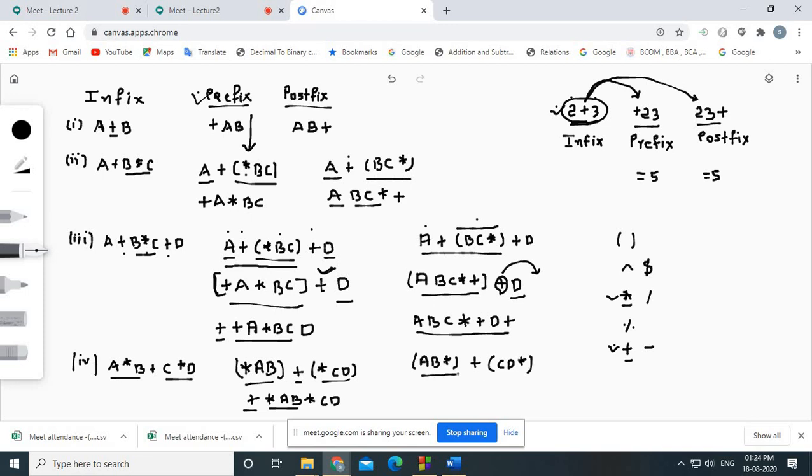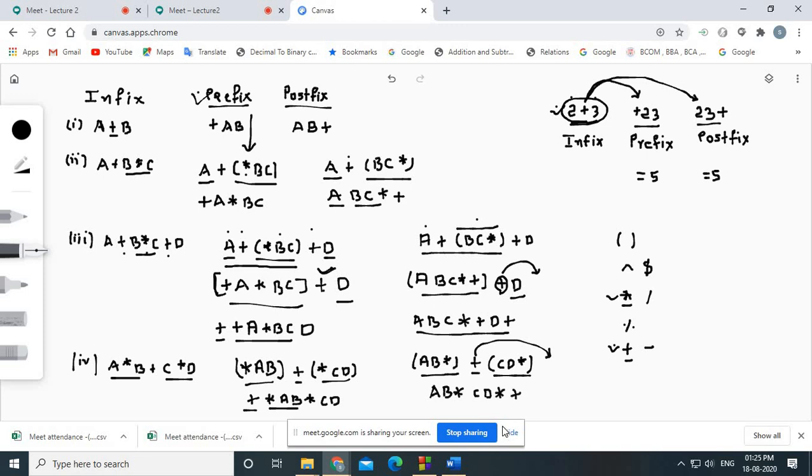Now this is the first operand, this is the second operand, and this is the operator. So still the operator is in between, right? In the postfix we need to bring this operator to the last. So if you move the operator to the last, the postfix expression will be AB star CD star, and then the plus sign.